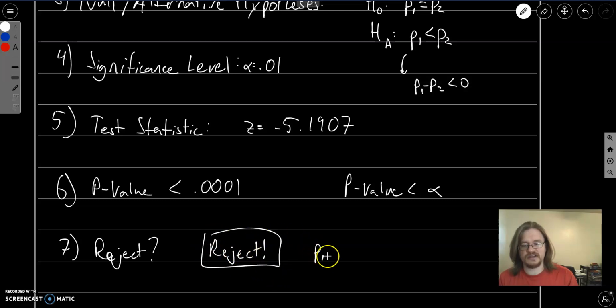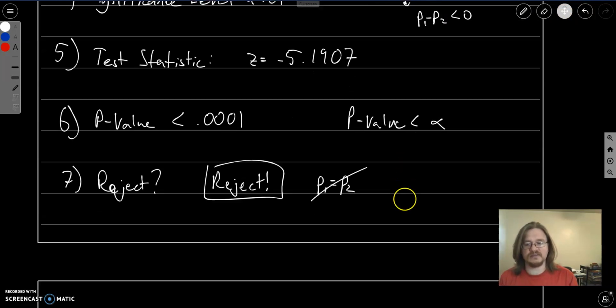So we're going to reject P1 is equal to P2, which means that we get to safely conclude that P1 is in fact less than P2.